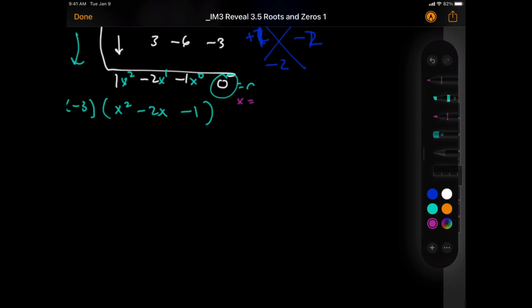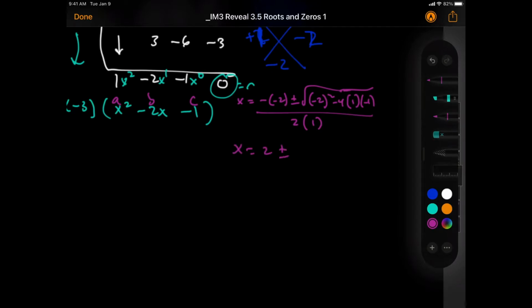Negative b plus or minus the square root of b squared, so it's -2 squared minus 4 times a, which is 1, times c, which is -1, all over 2 times a, which is 1. Remember your a, b, and c. So 2 plus or minus the square root of 4 plus 4, all over 2.